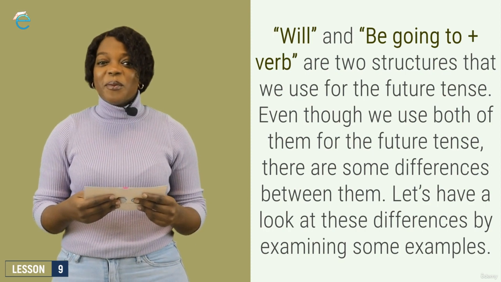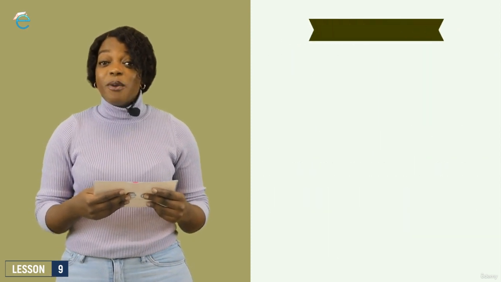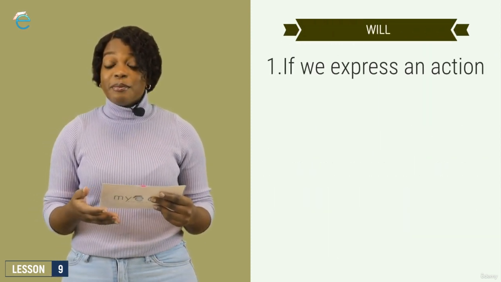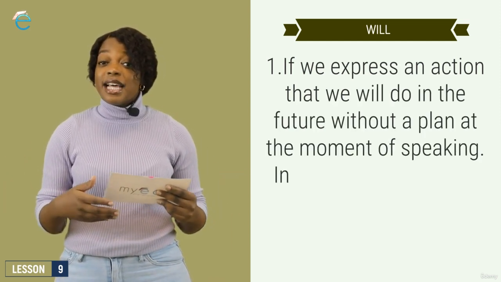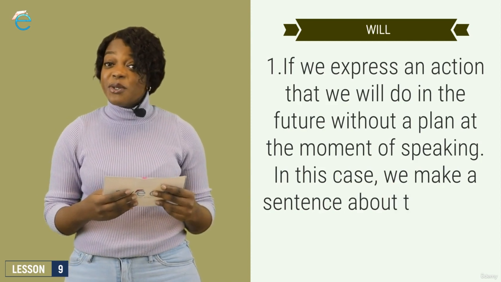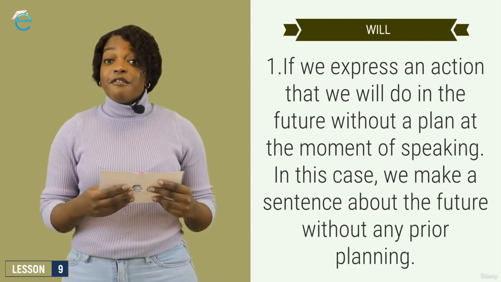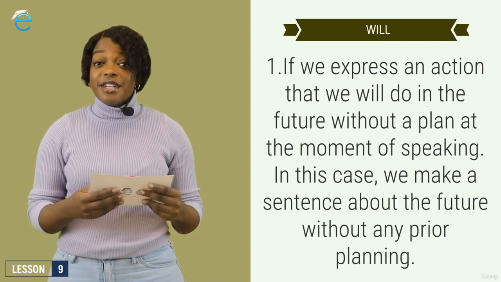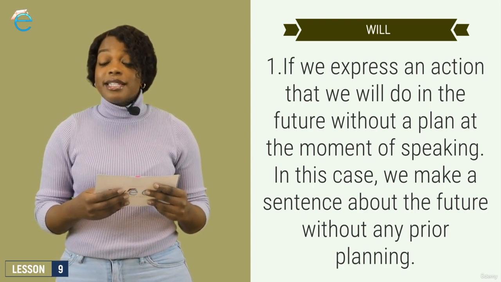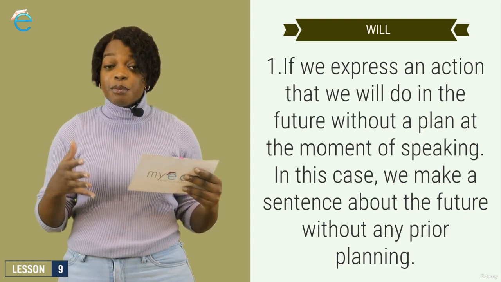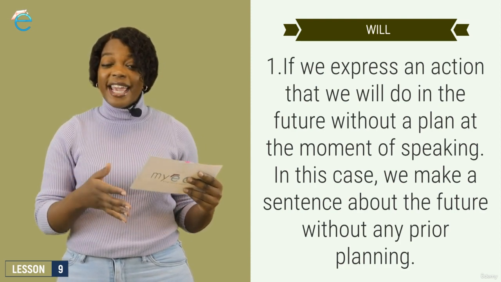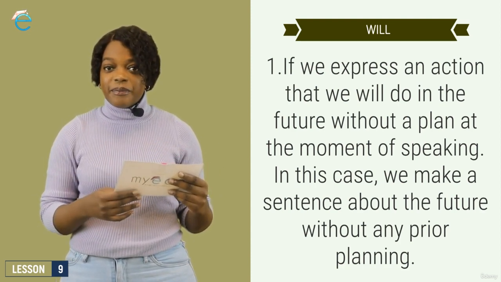Let's begin with will. The key ways to notice the difference between will and be going to is some of the situations we use them in. For example, the first situation is with will, I can use it for spontaneous or instant decisions.